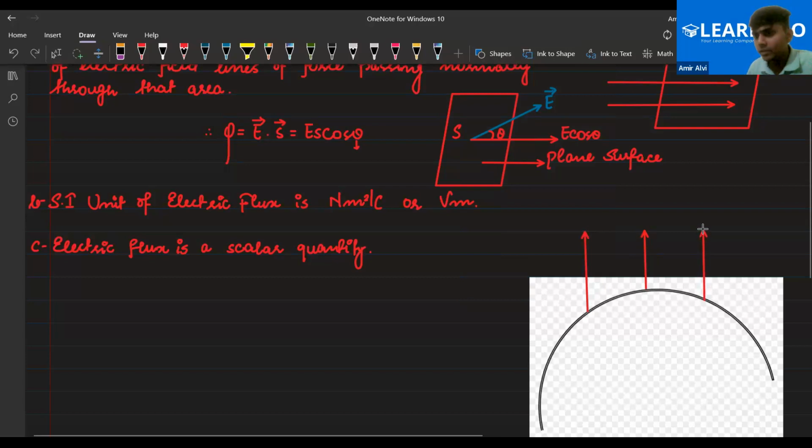Yes, it's always perpendicular. This is the property of a circle. Over here you can see these are 90-degree angles, and this is the area vector.